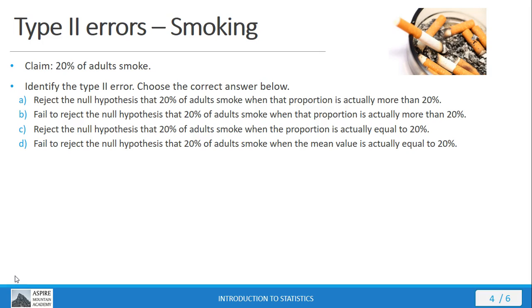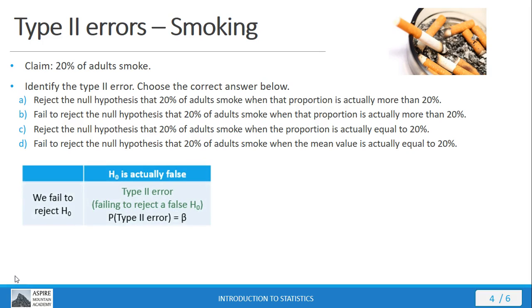Okay, let's see how well you did with this. So, first we're going to remember what is a Type 2 error. And remember from the chart, the Type 2 error is we're failing to reject the null hypothesis when it's actually false. So what would the null hypothesis in this case be? Well, again, here the proportion is equal to 20%. That's the null hypothesis.